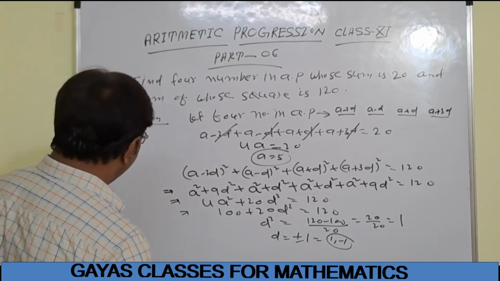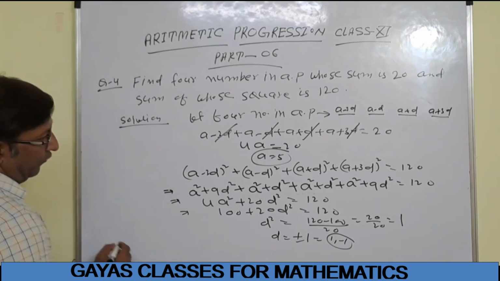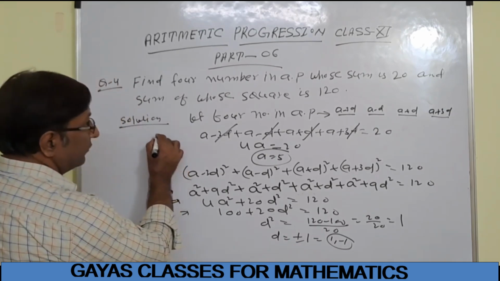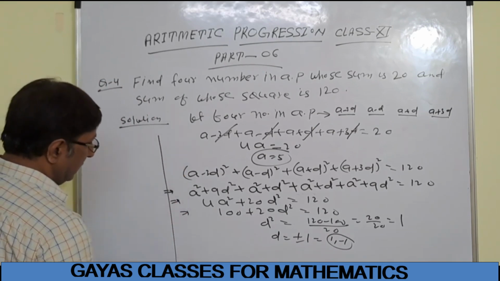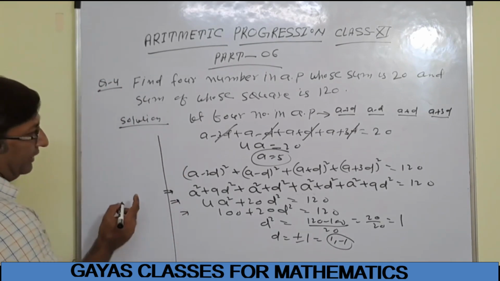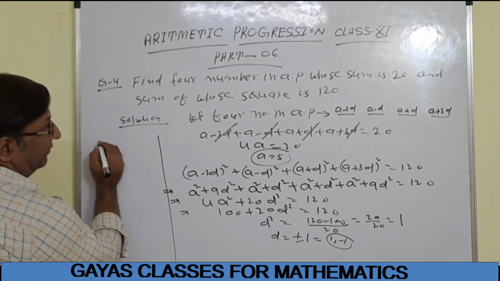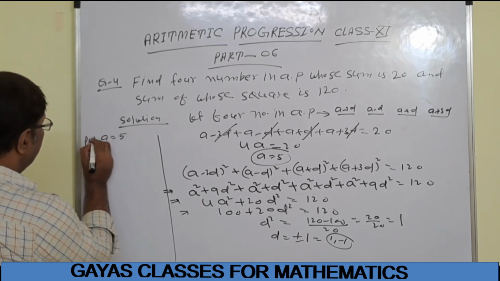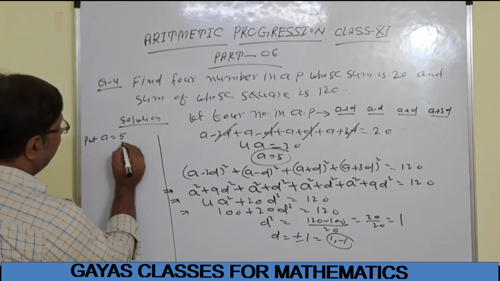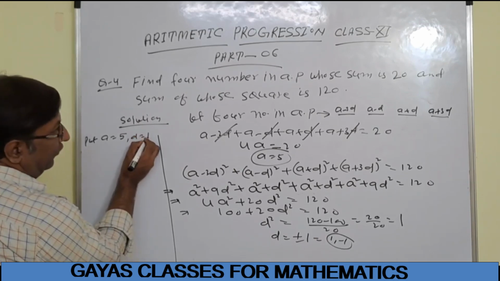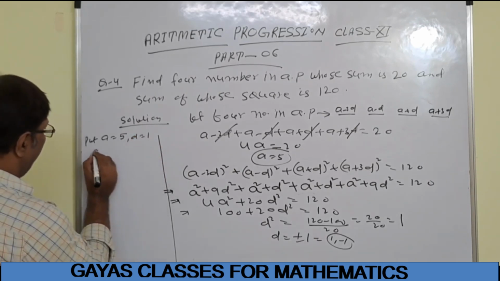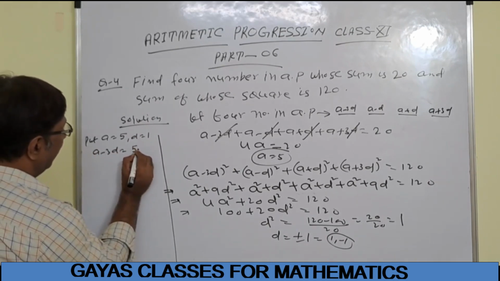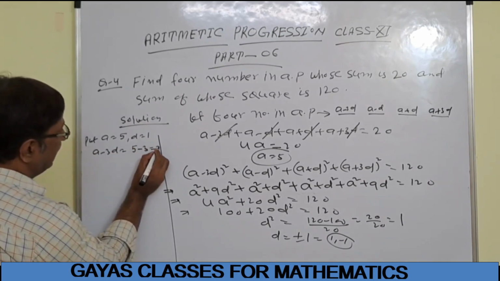So suppose we are finding my numbers here. A equal to 5, just put A as 5 and D equal to 1. The first number is A minus 3D. A is 5 and minus 3D, that is minus 3, so 2.